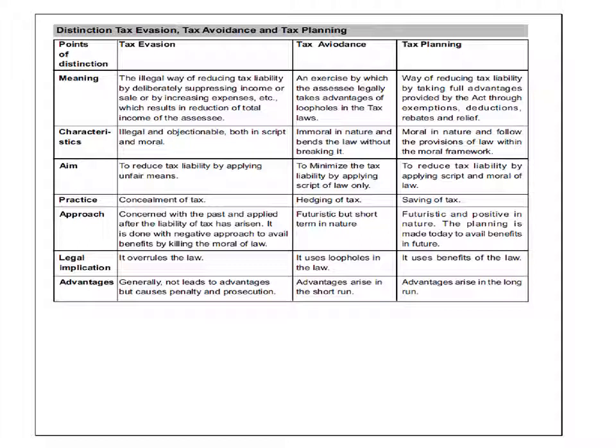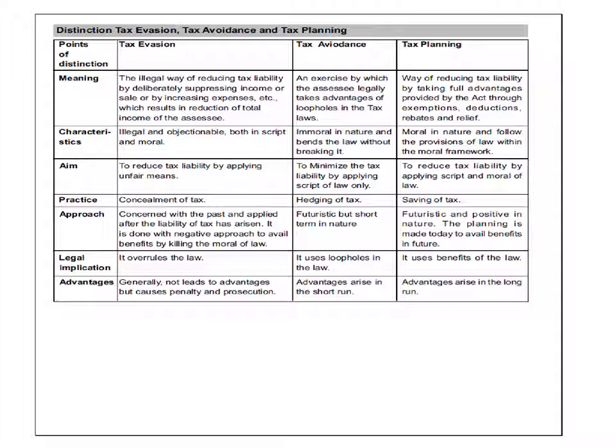Okay, practice. Tax evasion is practiced through concealment of tax. What is concealment of tax? Concealment means you reduce your income and show it in the return of income. You would have got 5 lakhs as your income, but you show 1 lakh only in your income tax return. So that is called concealment of tax.